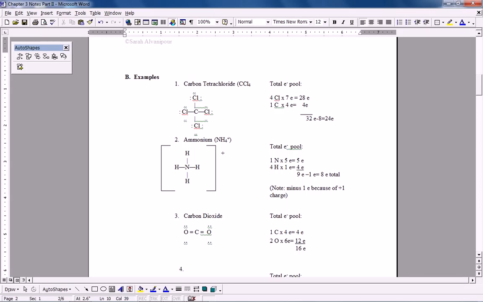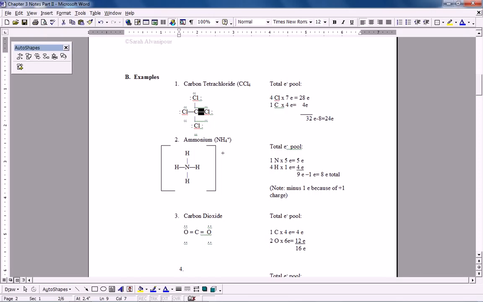We'll proceed to the next step, which is to satisfy the octet of the surrounding atoms. And we'll look at chlorine. This chlorine, this chlorine, this chlorine, all 4 of them have a similar structure. So by looking at one, we know it will apply to all the others. Now, each chlorine has 1 bond already. That's equivalent to 2 electrons. So if it has 2 and needs an 8, we only have to add 6 more.